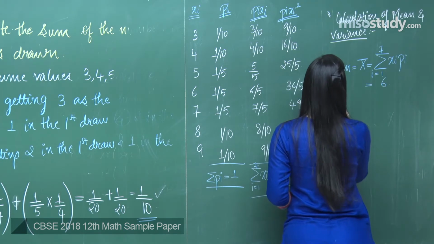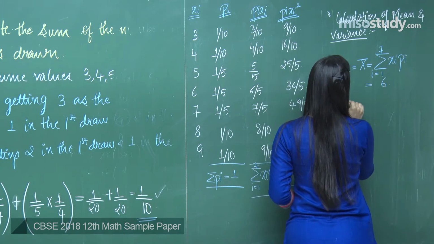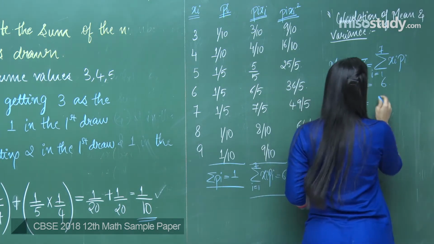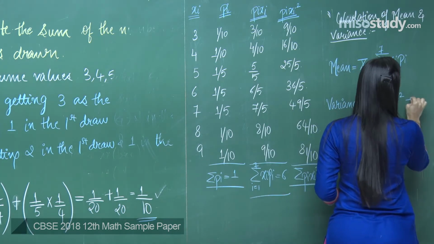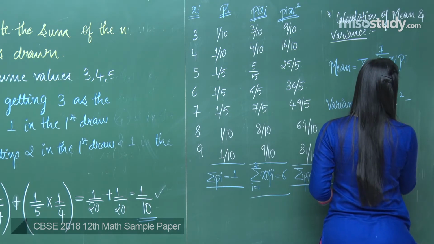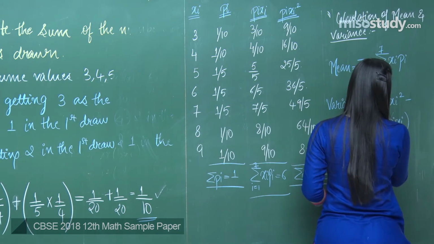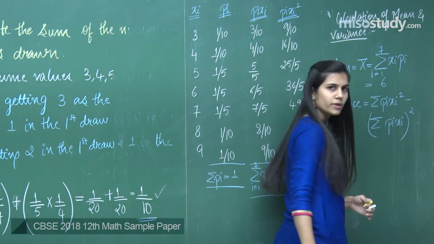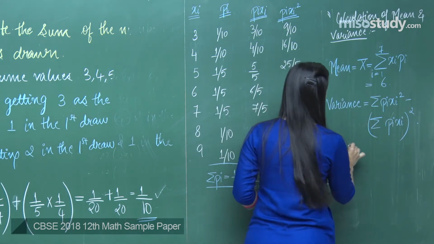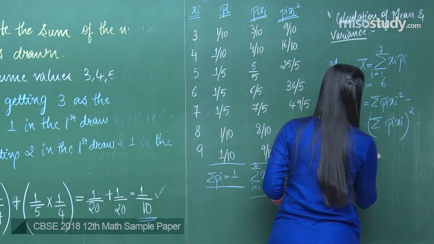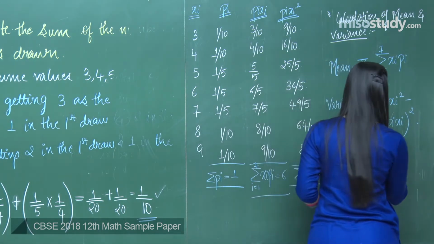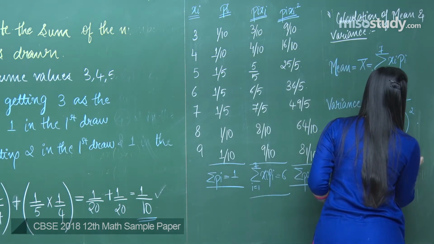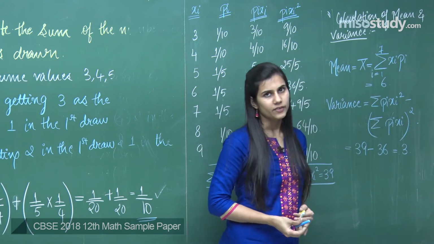And what is your variance? It is summation pi xi square minus summation pi xi whole square, right? So summation pi xi square is 39 minus summation pi xi is 6. 6 square is 36. So you get 3 to be the variance.